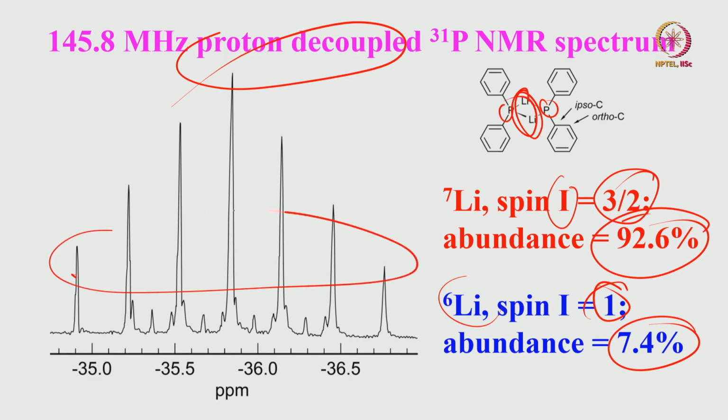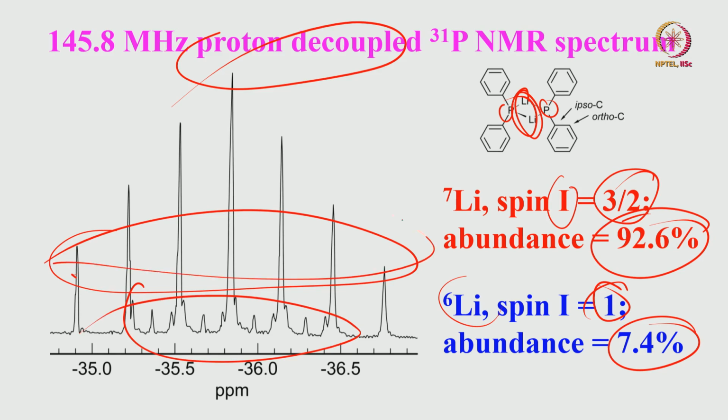This 7 line pattern comes because of coupling of both the lithiums to phosphorus, when both are in the lithium 7 spin state. Then what about these small lines? So we could explain the strong intensity, big peaks, 7 lines with 1, 2, 3, 4, 3, 2, 1 intensity pattern, when phosphorus is coupled to both the lithiums in the 3/2 state.